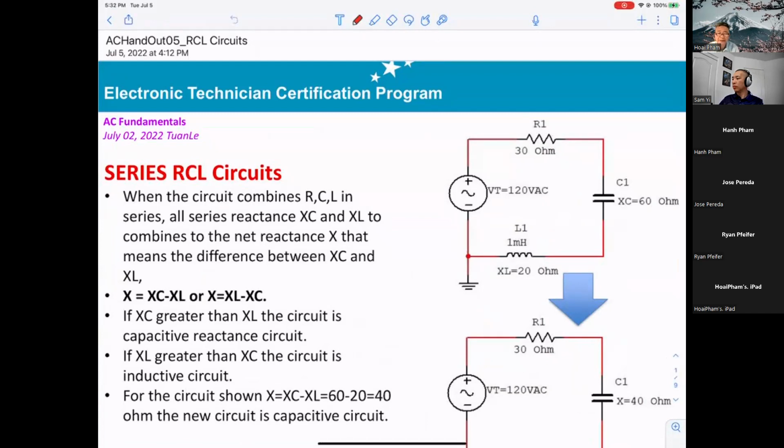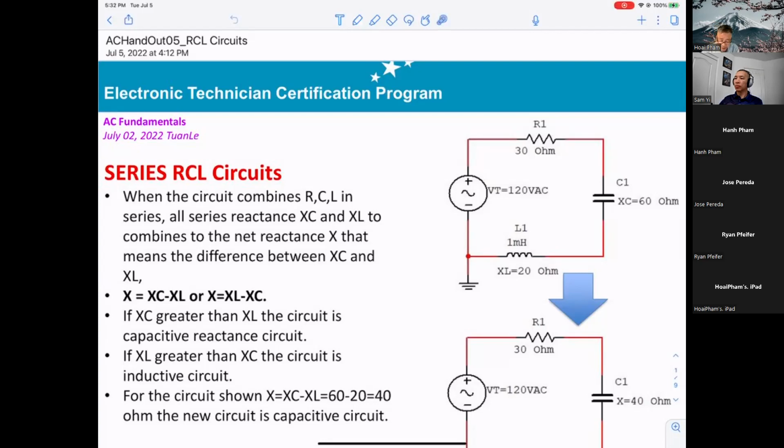There will be the series RCL and the parallel RCL. The first thing we're talking about is the series RCL circuit.